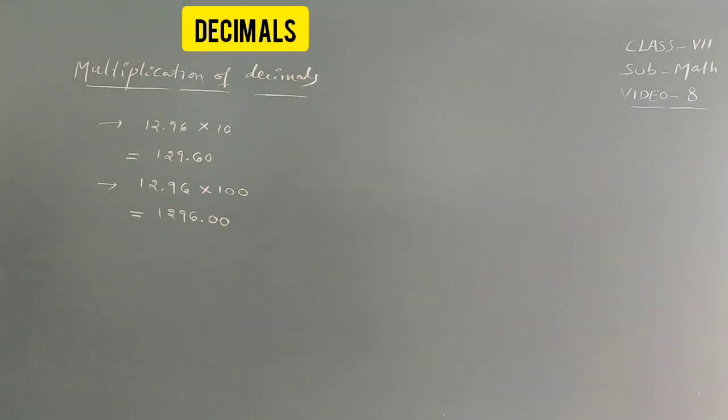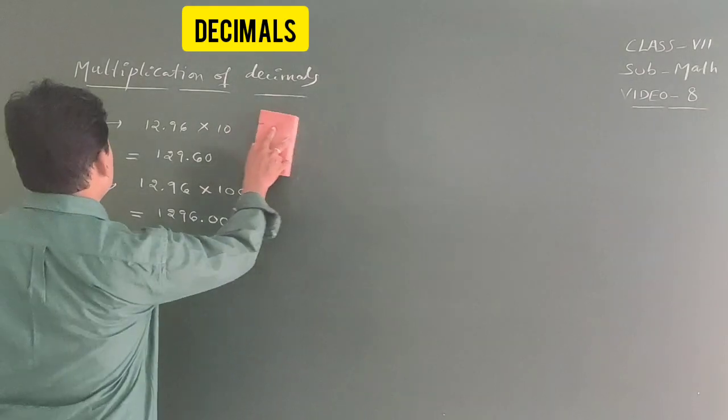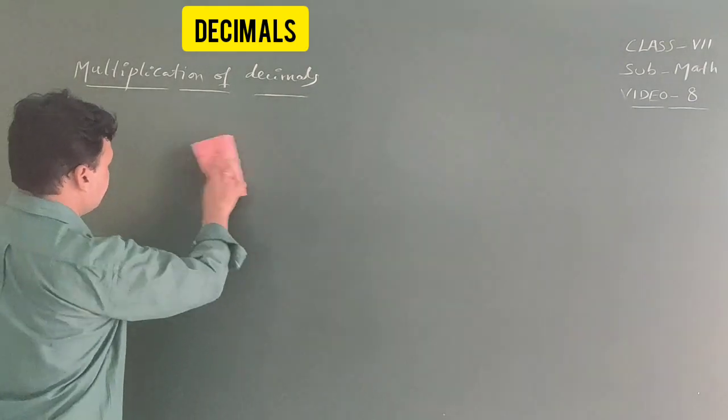If it is multiplied by 10,000, shifted four places, to the right side. This is the process for multiplying a given decimal by 10, 100 and 1000. That is the first one.